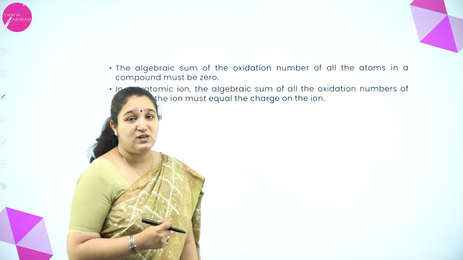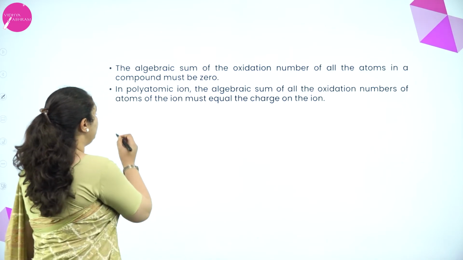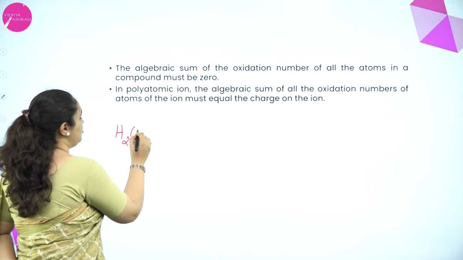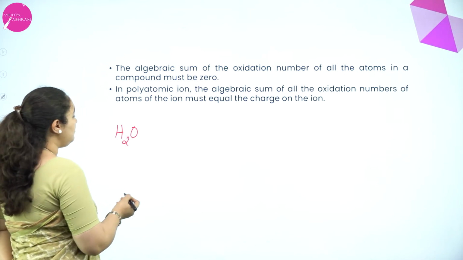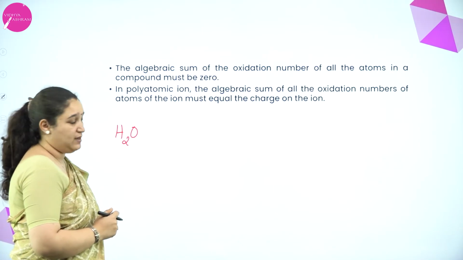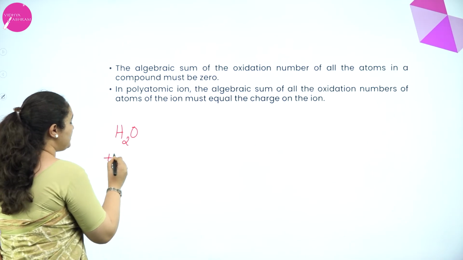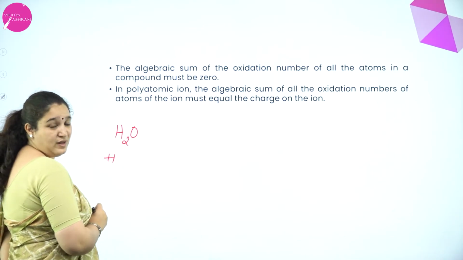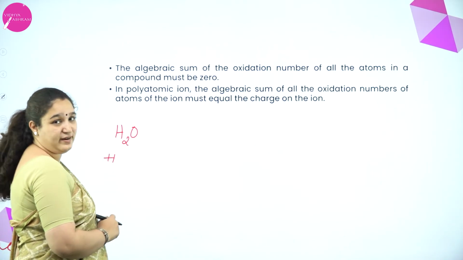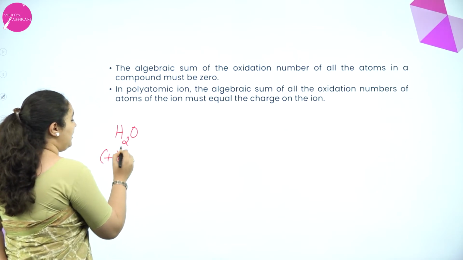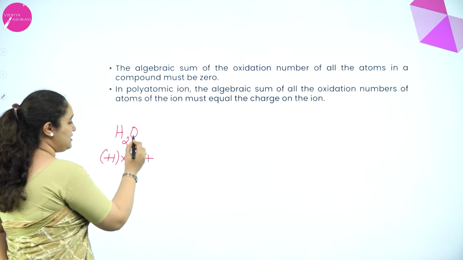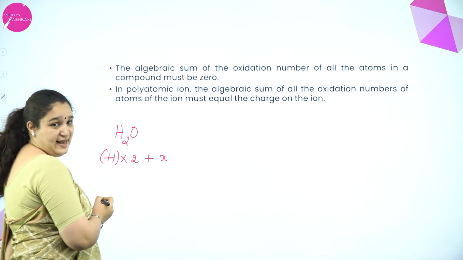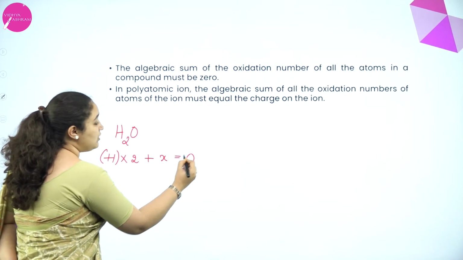What is the meaning of this? For example, for water, H2O, you want to calculate the oxidation number of oxygen. Hydrogen is always +1, except in hydrides. This is not a hydride. So, +1 into how many? 2 hydrogen atoms. So, +1 into 2 plus oxygen, which I'll take as X, is equal to 0.